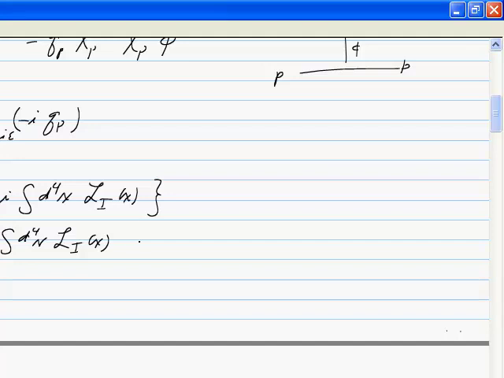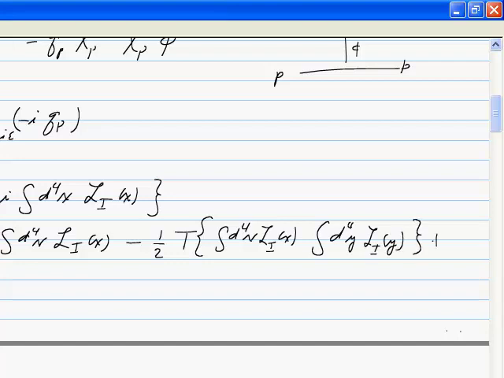But we do get it at the next place. So it's then minus a half times the time-ordered product of integral d4 x Li at x, integral d4 y Li of y. And then there's dot, dot, dots.